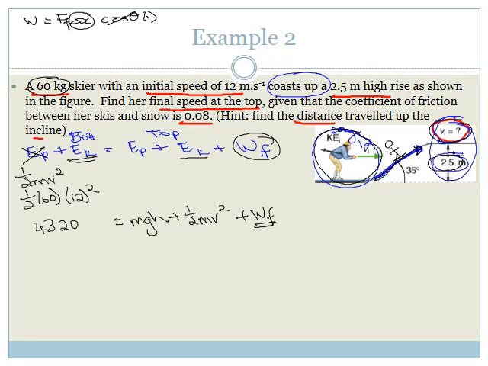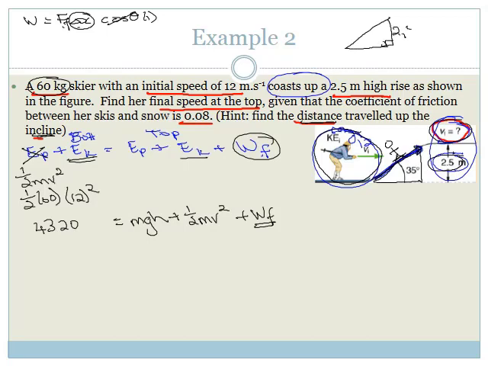Right, so now we need to look at these two. And they even gave you the hint. They said, find the distance traveled up the incline. So they gave you that hint. So let's look at the drawing. Do you agree that there actually is a triangle? Okay, that's a triangle.